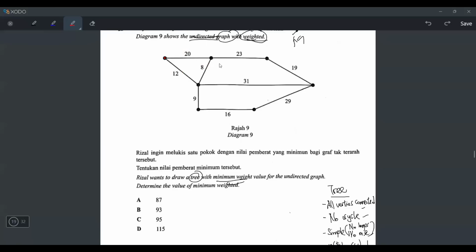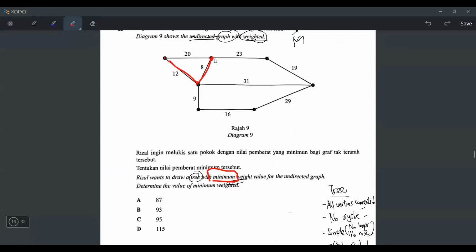It's better to go here and here, because if I go the top way, I only connect 2 vertices. But if I go here, 12, 8, I already connect 3 vertices, and the sum is 20. So I'm trying to find the minimum, which means I focus on getting it smaller.